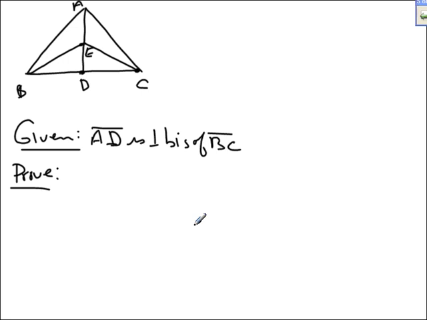And now we want to prove or conclude the following: that triangle ABE and triangle ACE are in fact congruent.